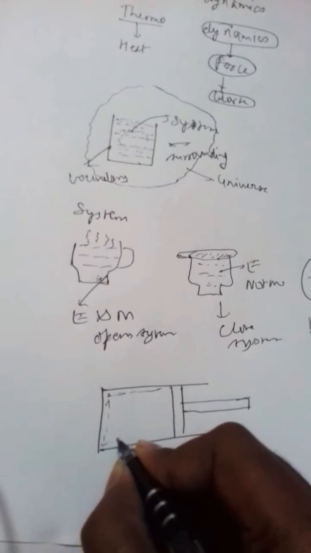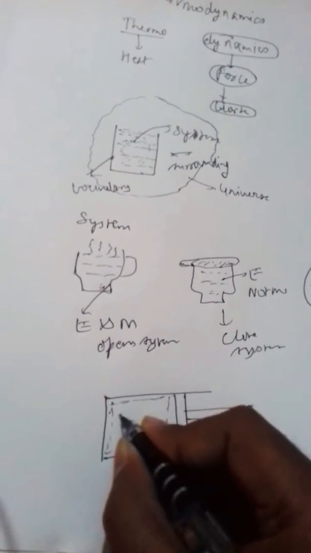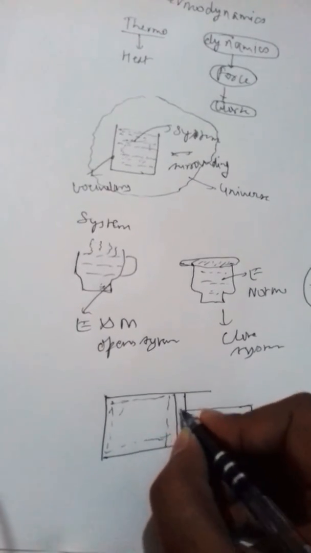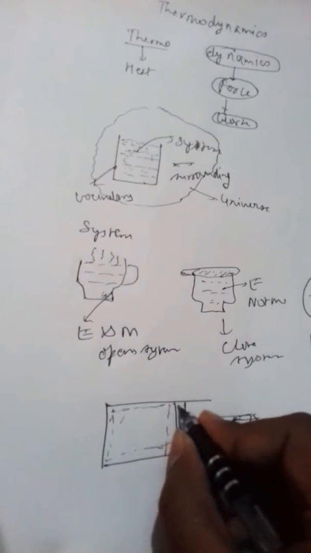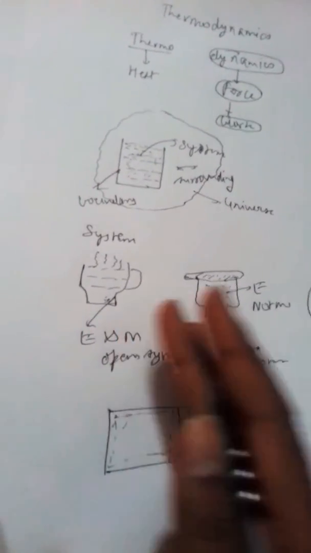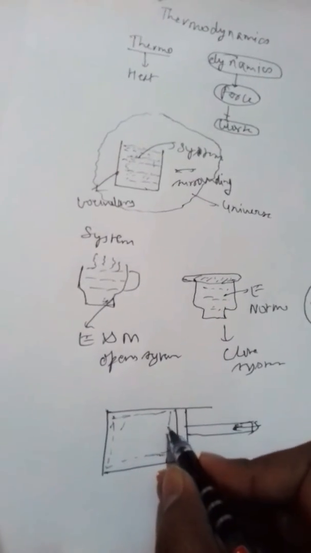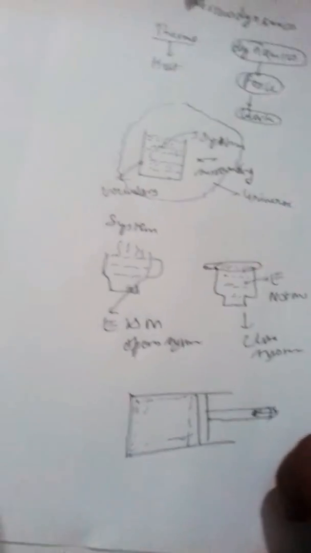One is fixed boundary, another is movable boundary. If this will move, this boundary will definitely move like this. So this will be the movable boundary and this will be the fixed boundary.